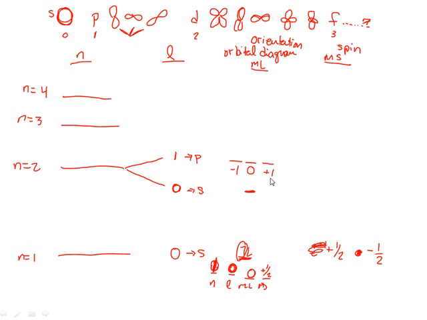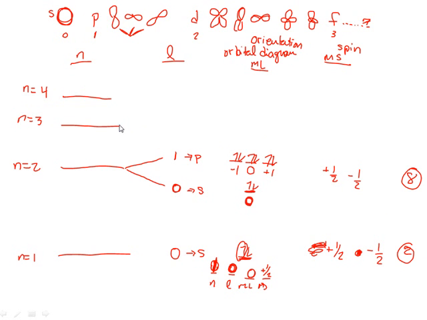And those are the m sub l's. And our number for our s orbital would be 0, because there's only 1. And then every time you put an electron in, it will either get plus 1/2 or minus 1/2. So in the second energy level, we can hold 8 electrons. In the first, we hold 2.